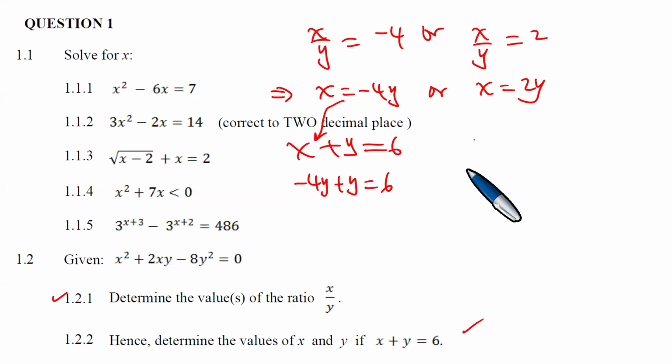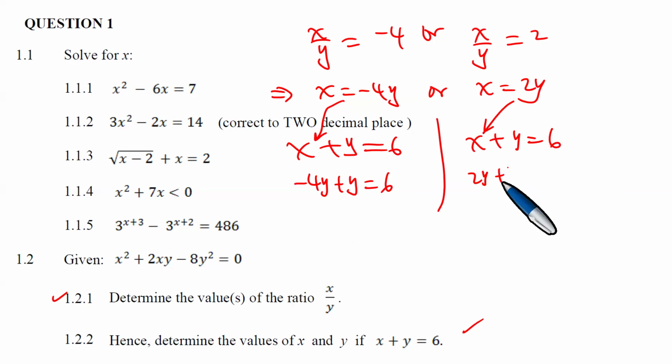What is minus 4y plus y? And then also, if you have x plus y equals 6, wherever there is x, you put 2y, which means that you have 3y equals 6.